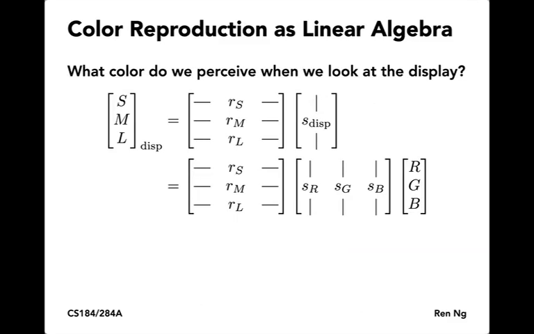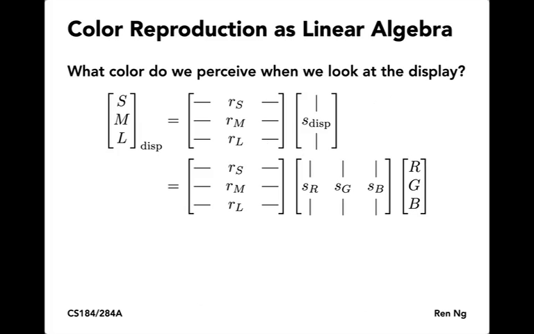What color does a human perceive when they look at that display is the next question we can ask. We know that too, with any particular input spectral power distribution, the SML response in the eye is given by taking that spectral power distribution and taking the dot product against the S, the M, and the L cone responses, right? R sub S, R sub M, and R sub L. We wrote that down earlier.